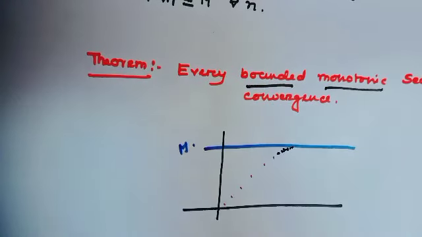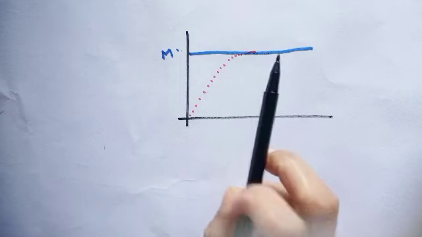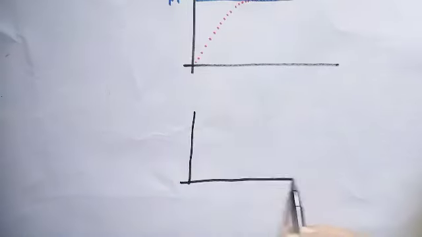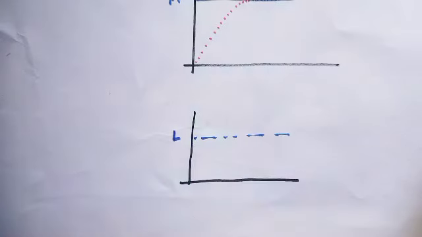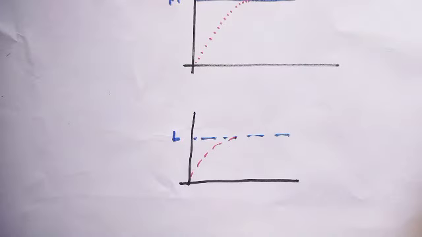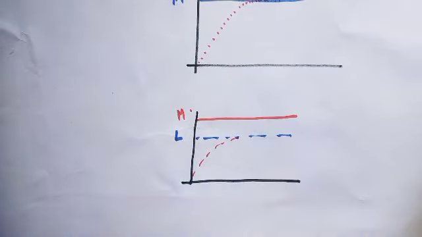Alright. It does not mean the sequence has to converge to m. It can converge to something smaller than m, and this is L and this is the bound m.